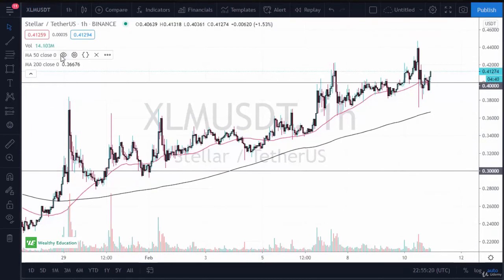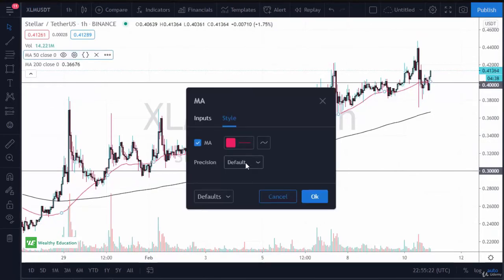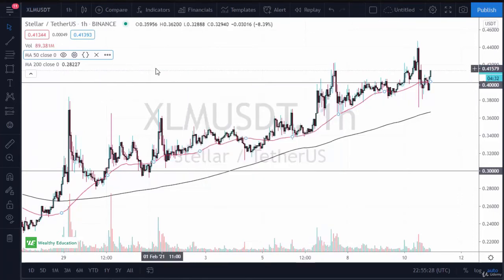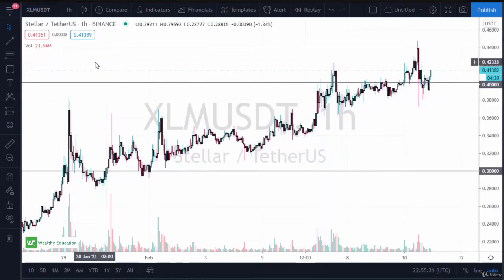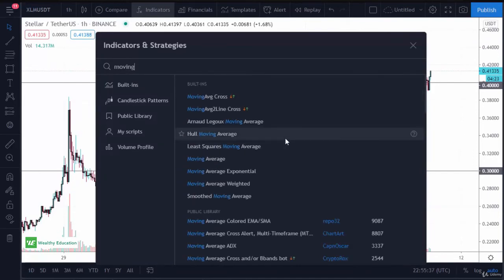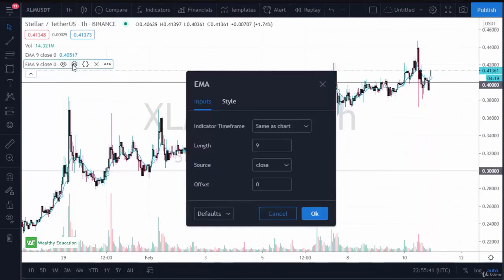You could also change this, this is exponential, that's a simple. So let's do the moving average exponential. There we go. So let's make this 20.